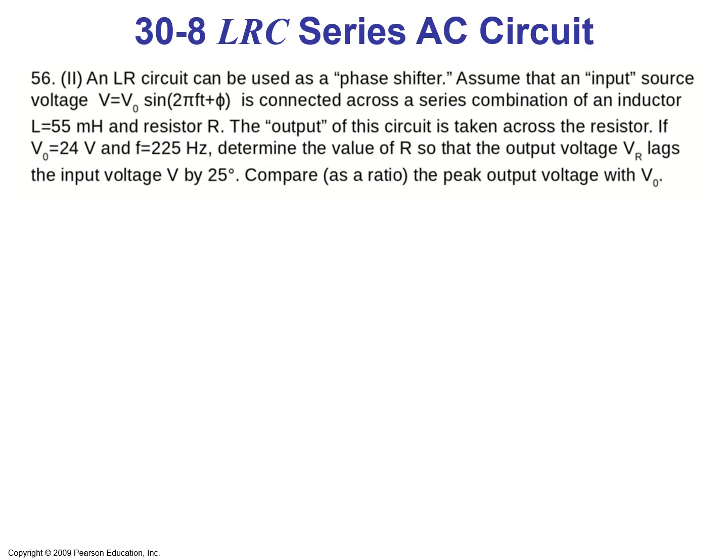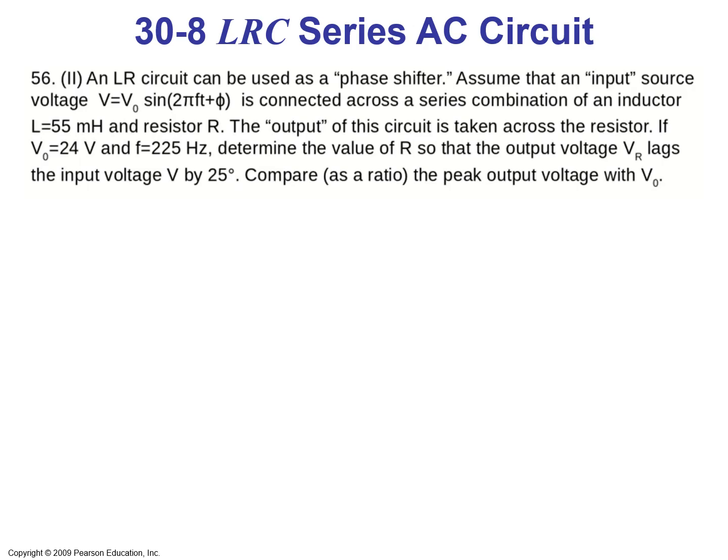If V0 is equal to 24 volts and f is equal to 225 hertz, determine the value of R so that the output voltage VR lags the input voltage V by 25 degrees. Compare as a ratio of peak output voltage with V0.